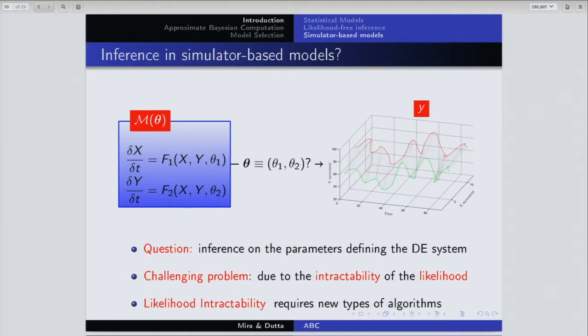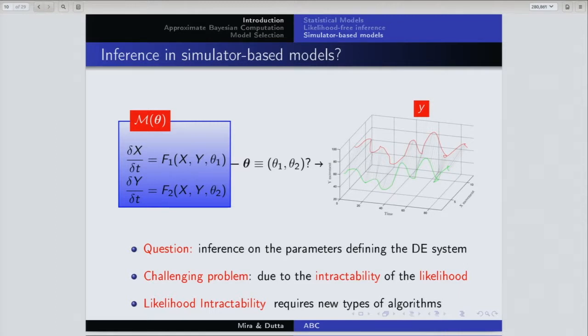So let's go a little bit more technical into the details. M will be the model, and theta is the parameter that indexes the model. If your model is defined by a system of differential equations, you might have two coordinates, x and y, and you will have two functions that tell you how those two coordinates evolve over time.